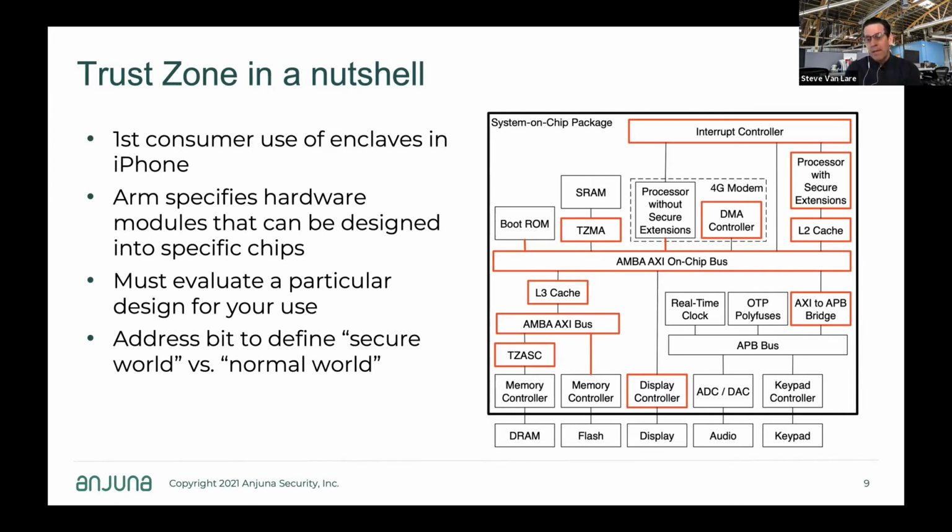The challenge with ARM, and the reason I put it up here first, and we're going to blow through it and then forget about it for a bit in this conversation, is ARM doesn't actually design chips. ARM produces specifications, and then different manufacturers create different chips based on those specifications. So to think about what an enclave is and how you take advantage of it in a Trust Zone situation, you're going to need to be thinking about the specific chip and the specific implementation of Trust Zone that chip provides, and then how you take advantage of it.